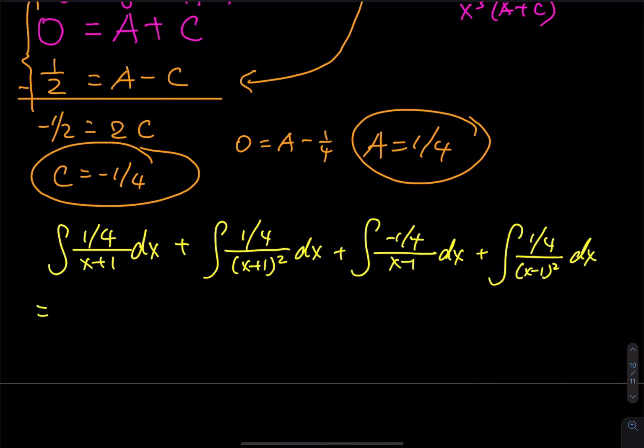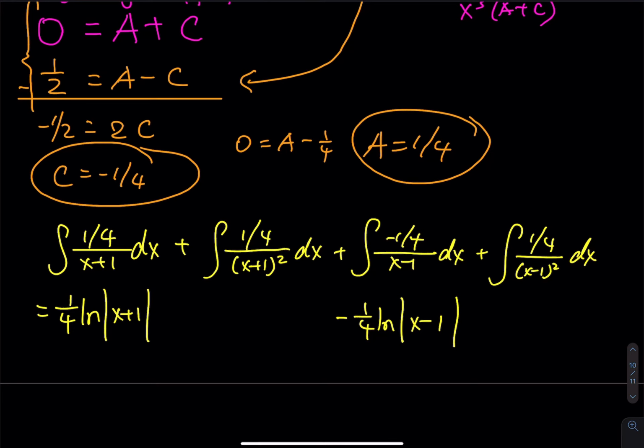And then the first one gives me 1/4 ln absolute value of x plus 1. And then the third one, minus 1/4 ln absolute value of x minus 1.